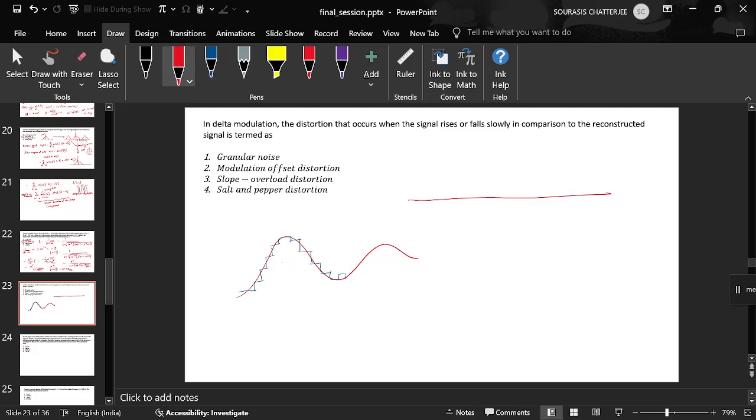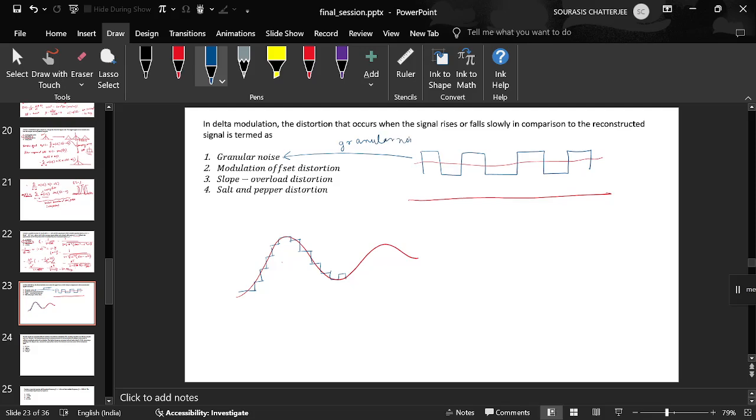Now the issue is when the signal itself rises or falls very slowly. For example, you can see here the signal is almost flat, or the rate of increase and decrease is very low, and when you use a large step size in the reconstructed signal, what is going to happen? You can see this large step size will lead to a large error, which we call granular noise. That is known as granular noise here.